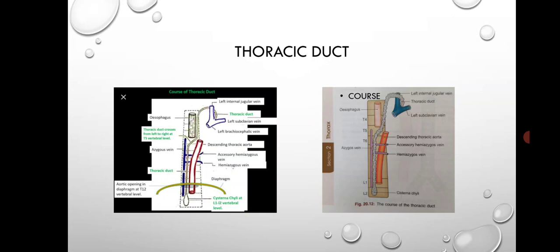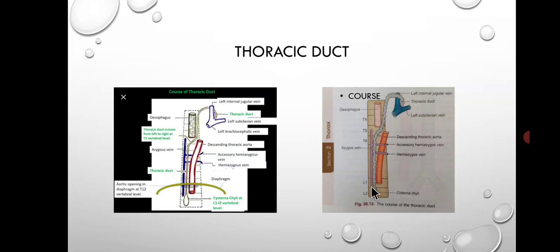Then how is the course of this thoracic duct? It starts from the cisterna chyli, the big sac at L1 L2. From the upper end of the cisterna chyli, the thoracic duct begins.